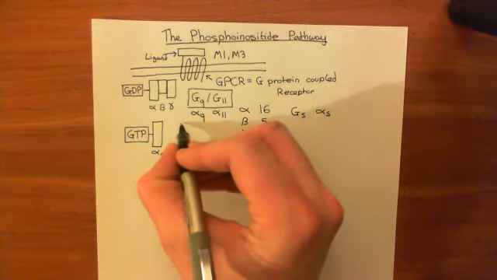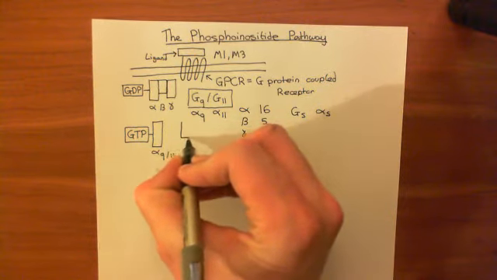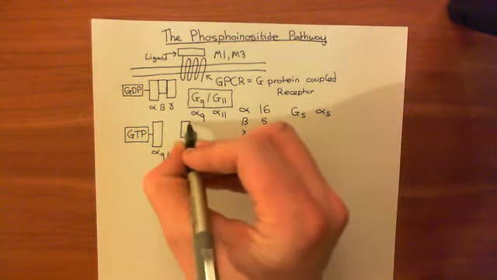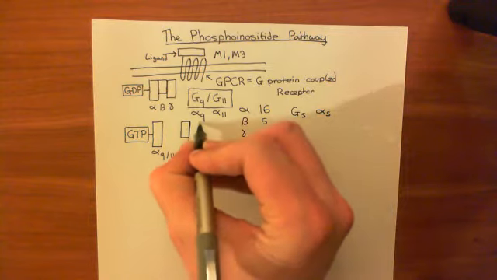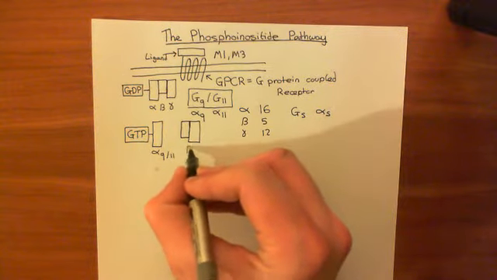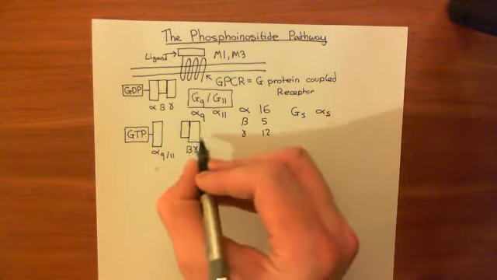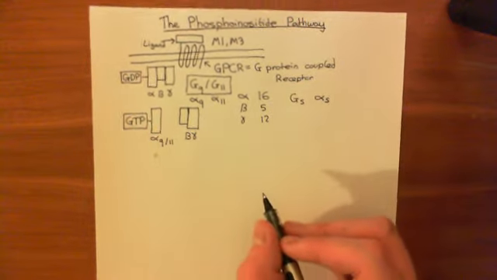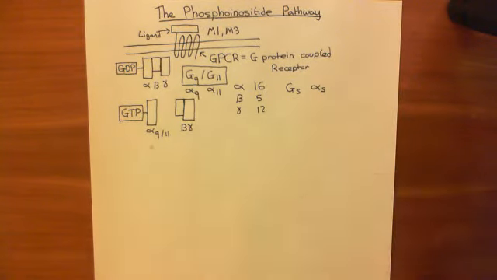And now once the alpha subunit has GTP bound to it, it no longer wants to associate with the beta and the gamma subunit. So off the beta and the gamma subunit go. And they remain bound together, but the alpha Q/11 is off doing its own thing now.